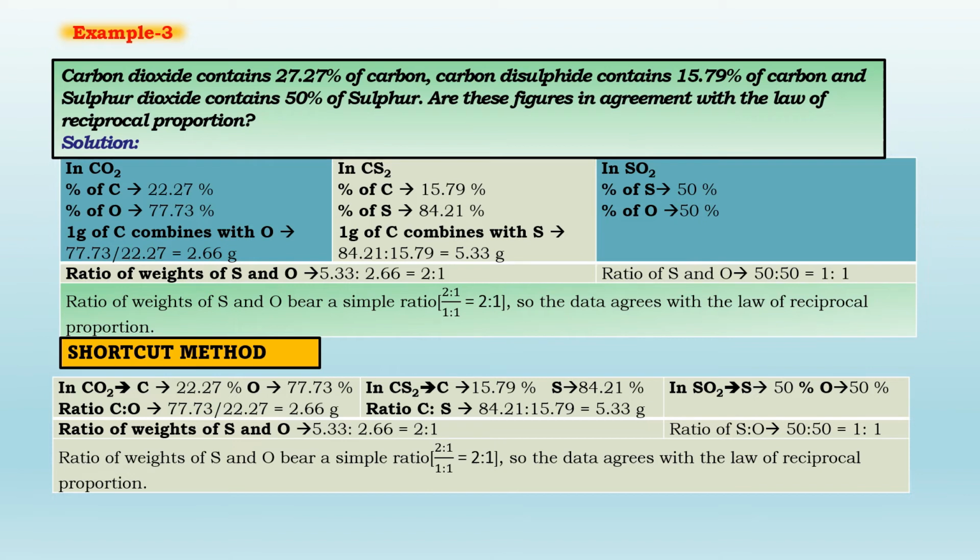So the ratio of weight of sulfur and oxygen in both CS2 and CO2 is equal to 5.33 divided by 2.66, that is equal to 2 is to 1. In sulfur dioxide, the ratio is 1 is to 1. Since the ratio of weights of sulfur and oxygen bear a simple whole number ratio, the data agrees with the law of reciprocal proportion.